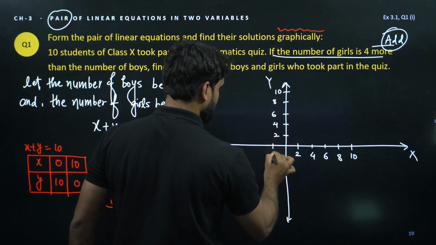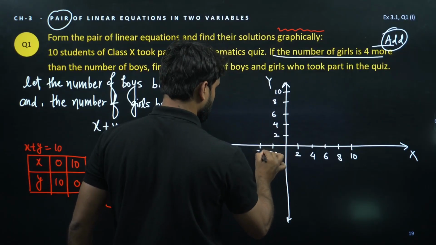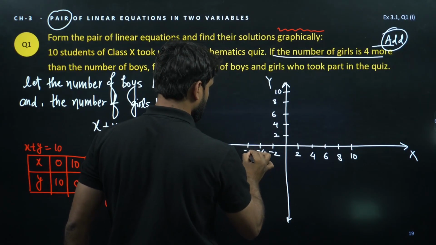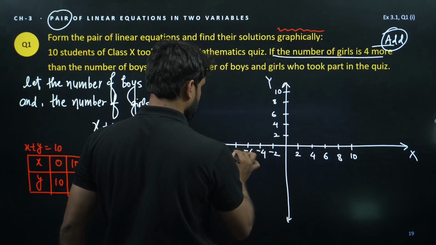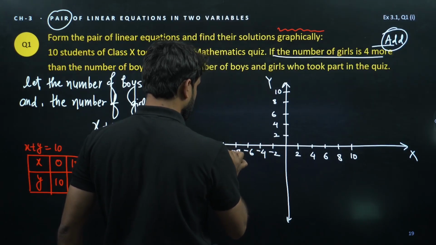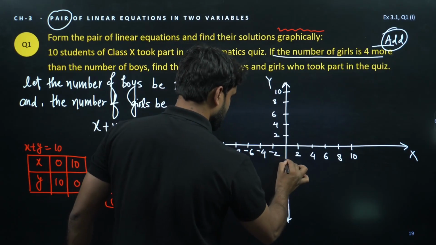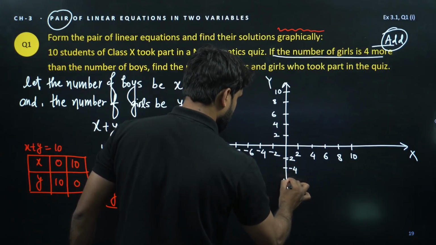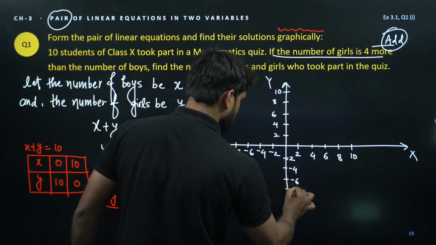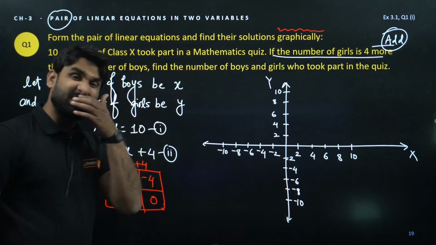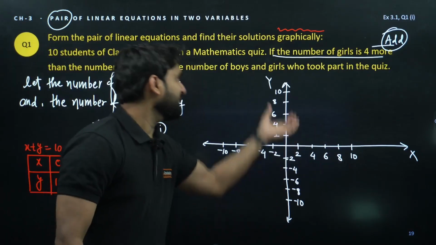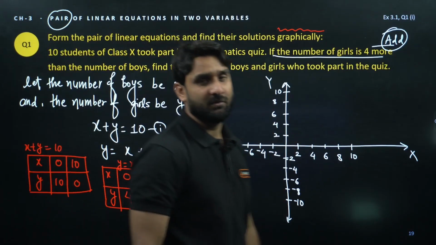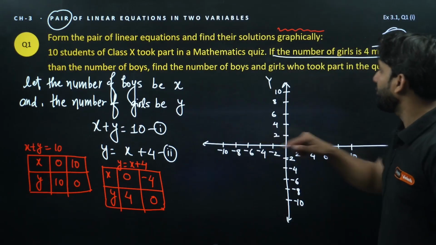This is -2, -4, -6, -8, -10. I hope this is clear to you all. X positive, y positive, x negative, y negative. You all know these things. Okay, now draw the points.